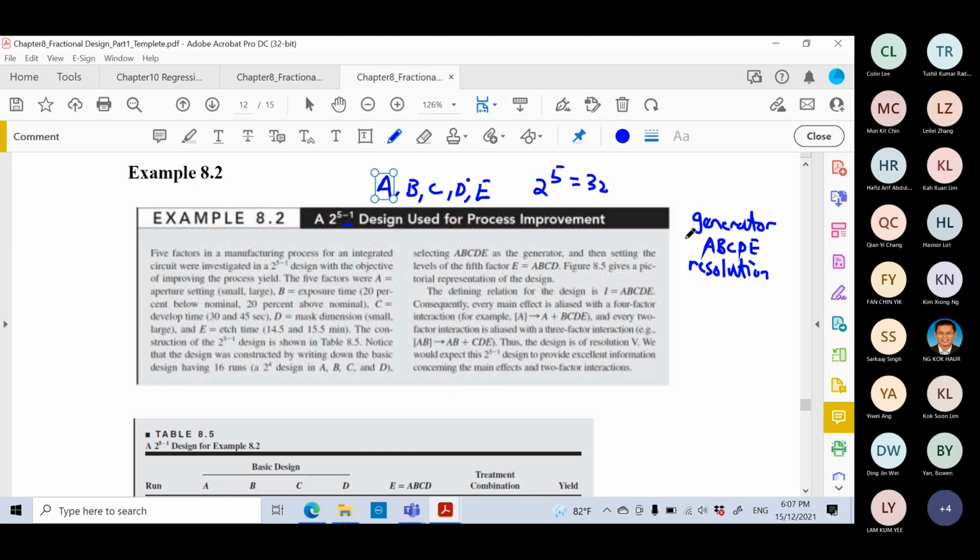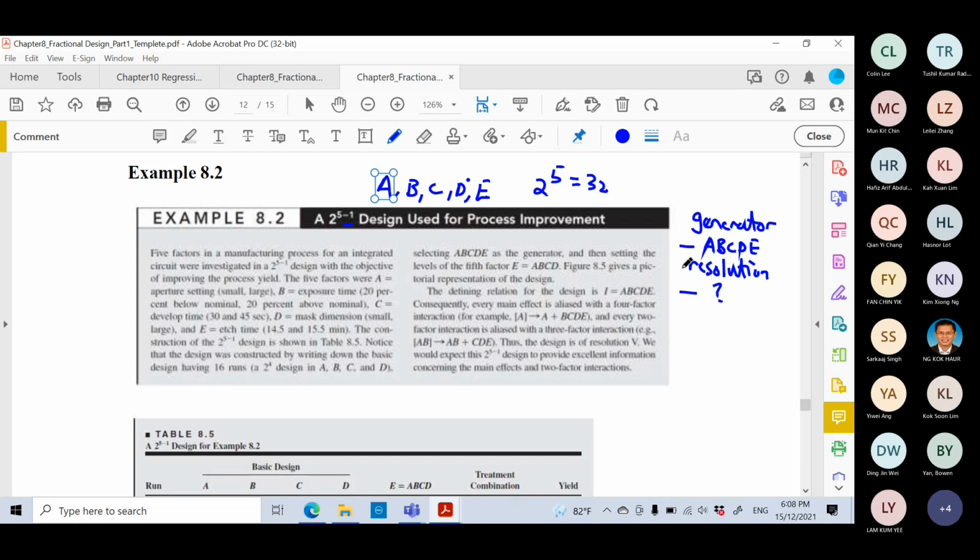Then after that, we can write down the alias structure, and from it you will know what the resolution is for this case. We expect a higher resolution, where the alias structure has no relationship of the main effect with the main effect, or the main effect with the 2 interaction effect. Later on we'll go through it.